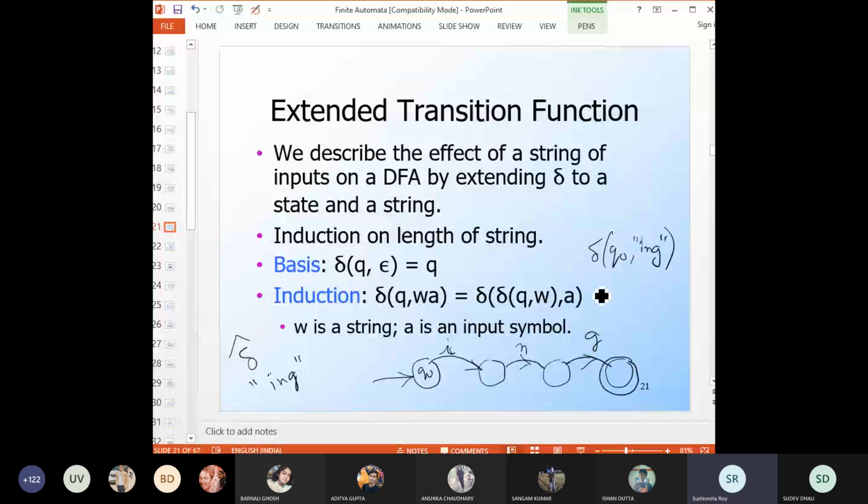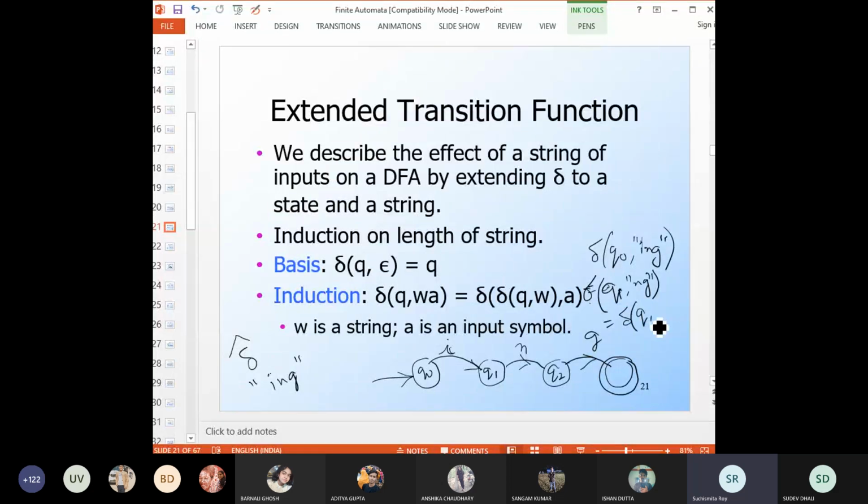Okay, so this means the first transition will take me to, say, Q1. But then I have not completed the string, so N and G are remaining. So I would have to go from Q1 on N to Q2, say.